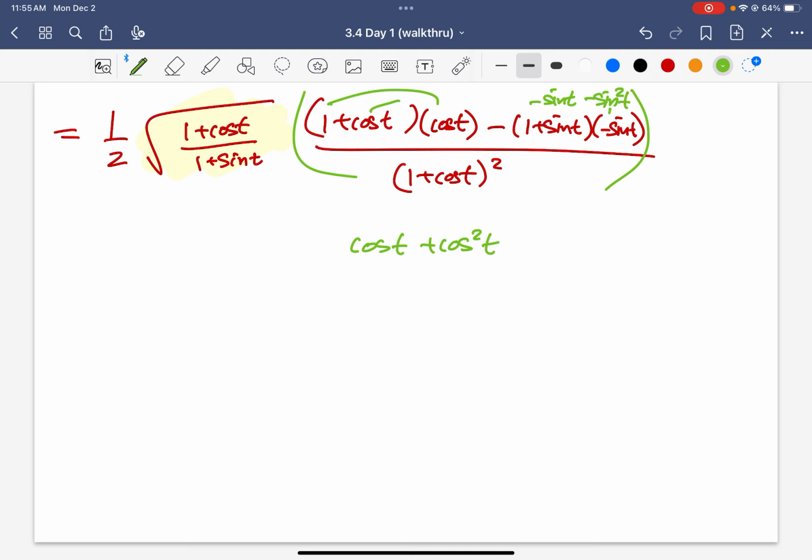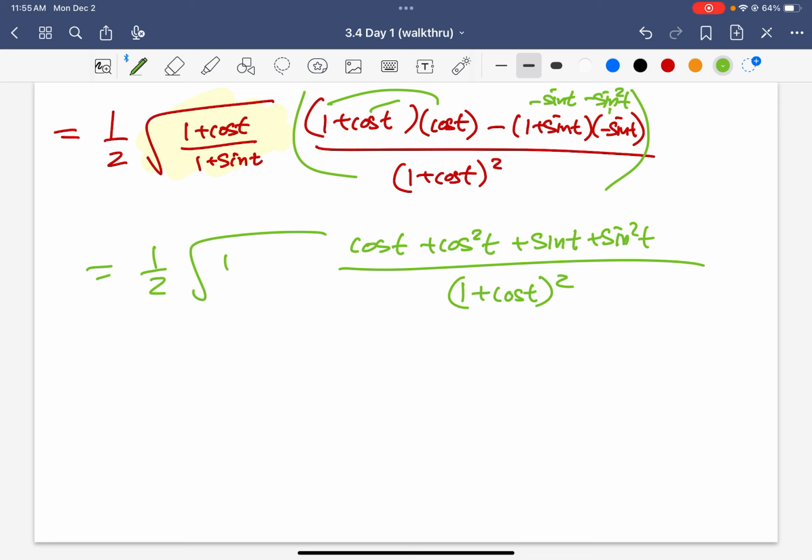But then we have this negative, so it's sine plus sine squared plus cosine squared. And then this comes along for the ride, right? But then you have memorized that sine squared plus cosine squared equals 1.